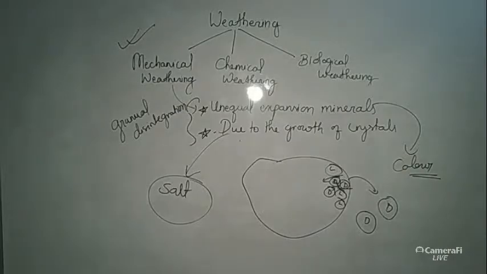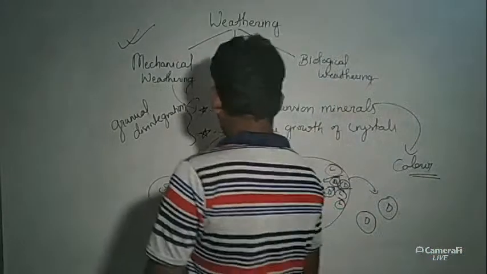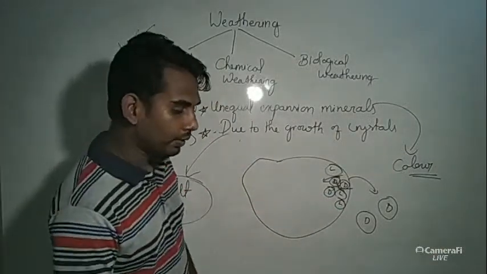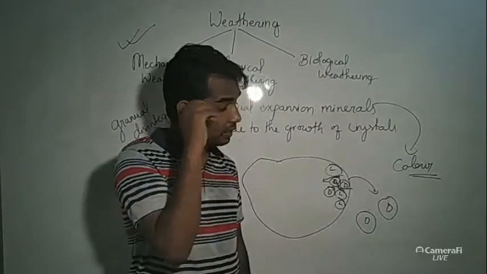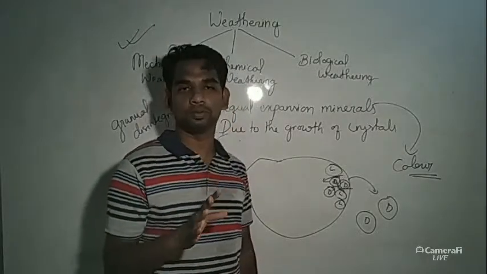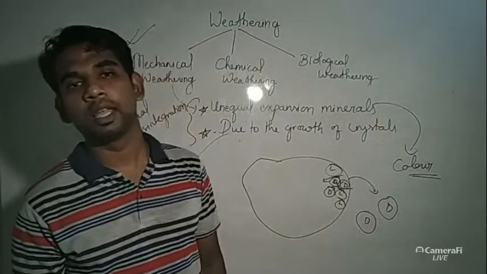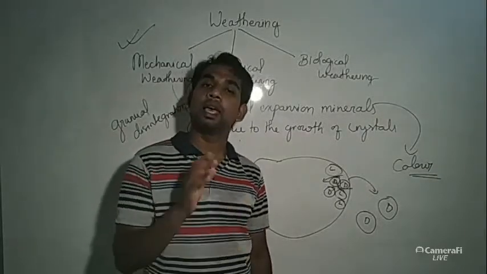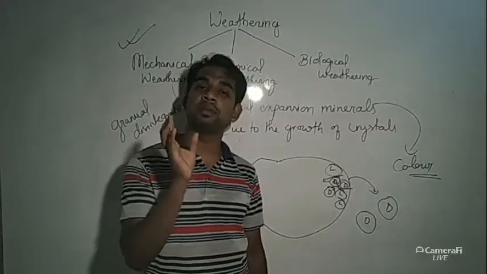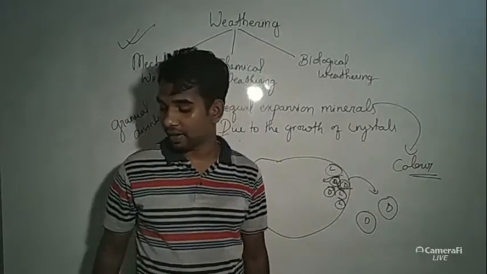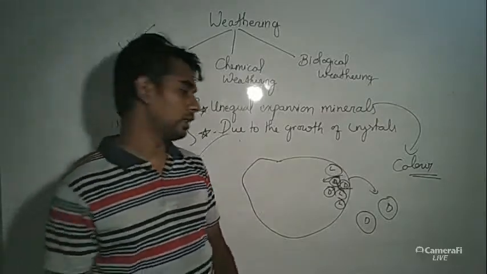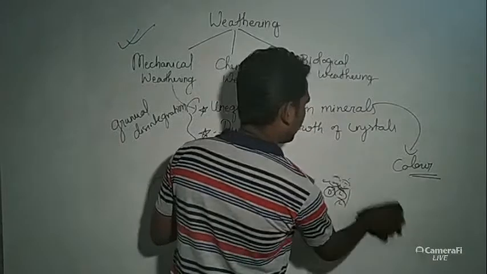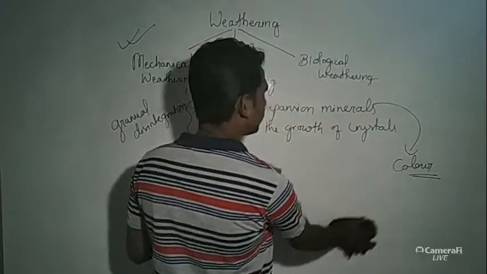So now let me explain to you about due to the growth of crystals. Growth of crystals means the salt basically. We know very well water H2O is a compound, and it is not only the composition of hydrogen and oxygen. Rather, there we find the presence of different minerals. If you buy distilled water or mineral water, you know what is the difference?